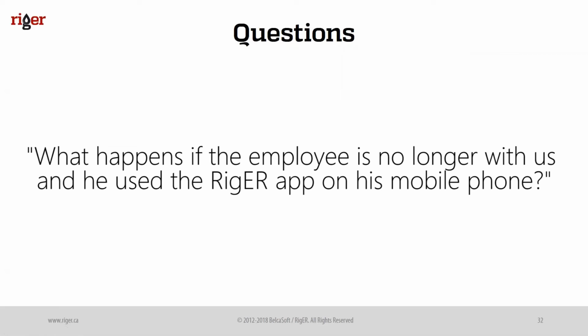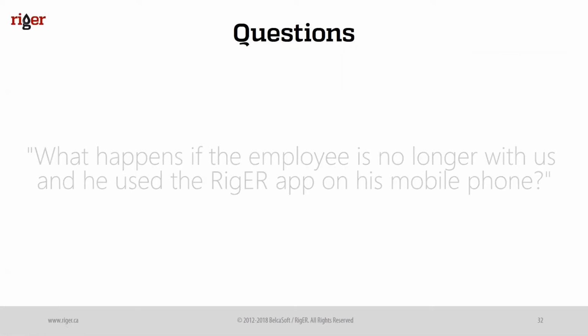When we make this user inactive, the next synchronization will delete all information from his mobile, so the database will be empty. So basically, it will erase the information about the equipment and everything else from the app by itself. Exactly. The information will disappear from the phone after the next synchronization.